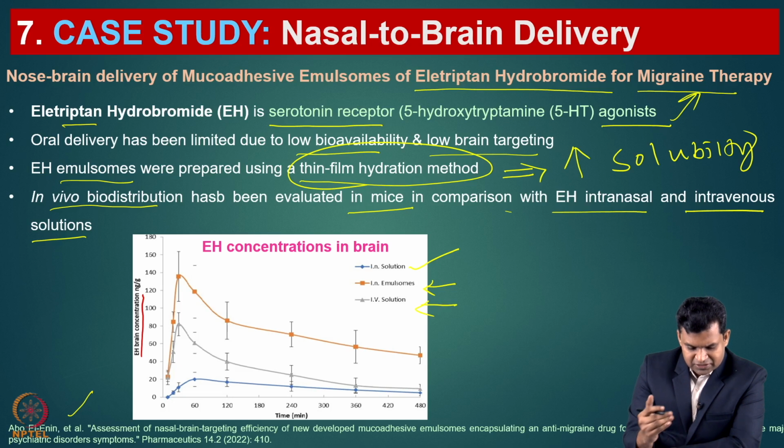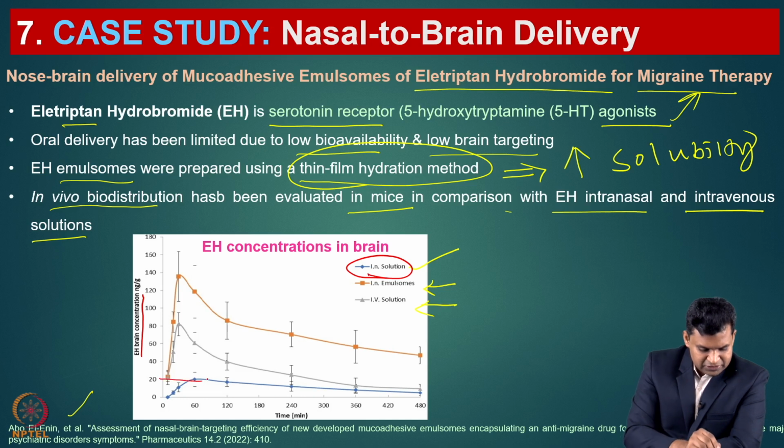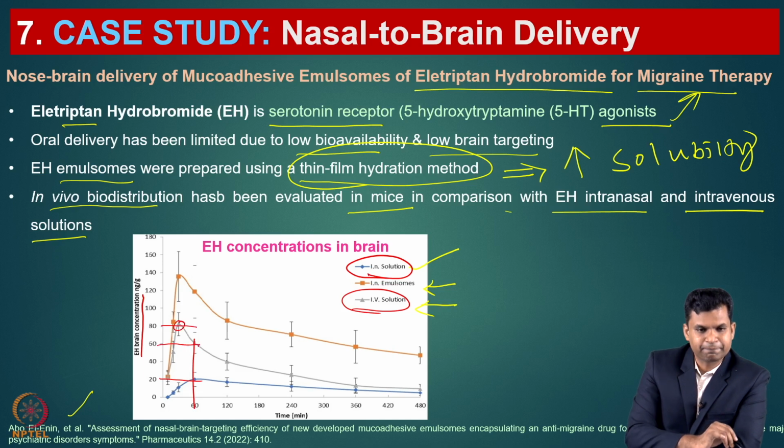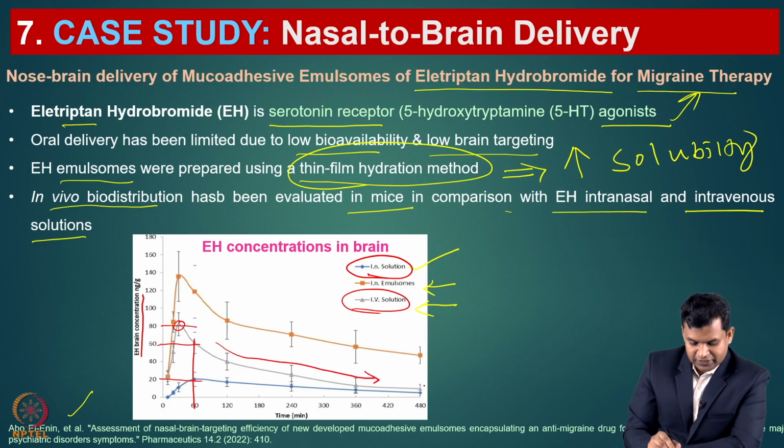Now, by seeing this you will understand that for the intranasal solution, the concentration is very low, below 20% throughout this study. Whereas for the intravenous solution, in the initial 30 or 60 minutes the concentration is around 50 to 680, but later the concentration decreases. So, these two systems are not effective.